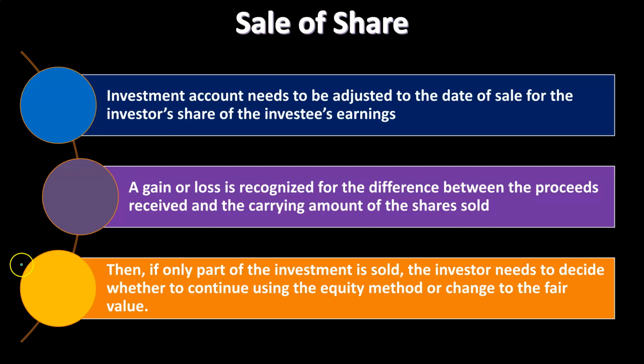Do I no longer have significant influence? If so, then I need to think about changing my accounting method to stop using the equity method. If I still have significant influence, then I can carry forward and use the equity method. So presumably you would ask, did that take me under the 20%, which is usually the line to be presumed to have significant influence over the company we are investing in.